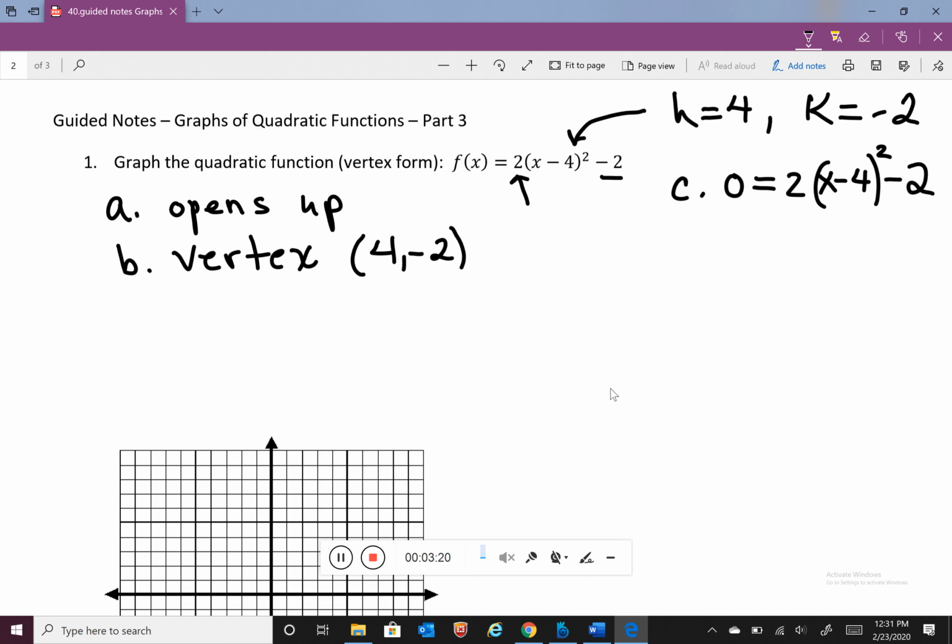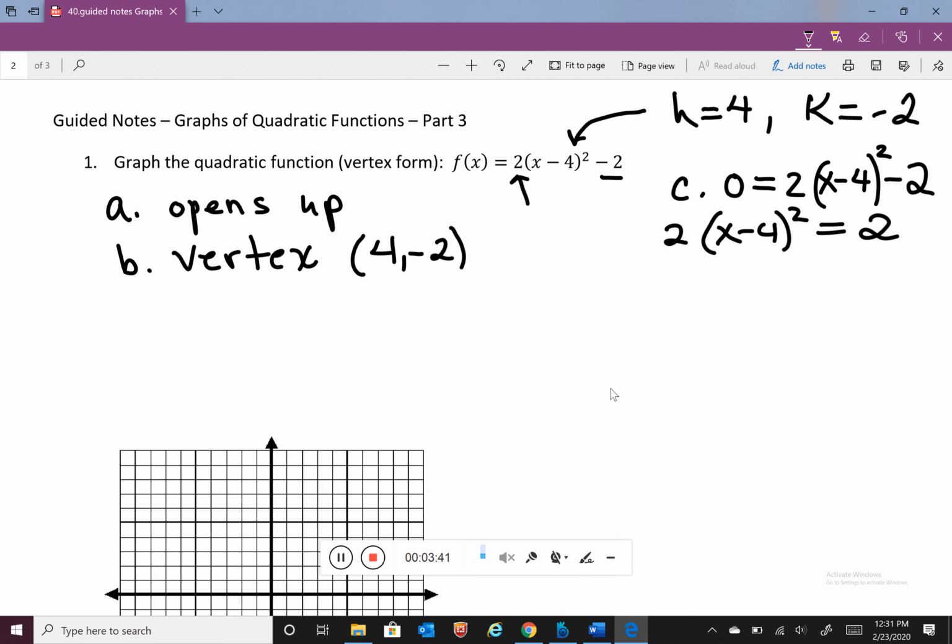Notice I do not have to expand x minus 4 quantity squared. What I can do instead is add my 2. And then I'm going to just toggle this so that we have 2 times x minus 4 squared. And by adding 2, that gives us a positive 2.